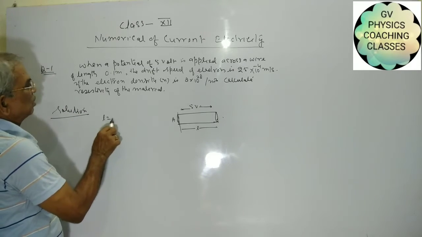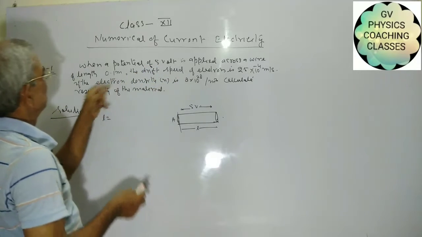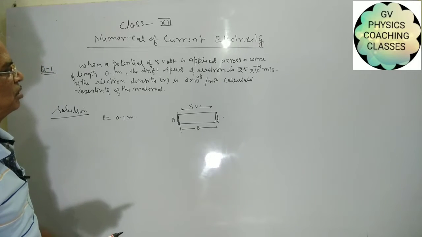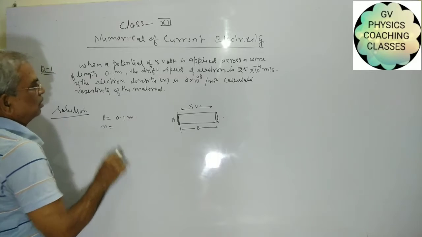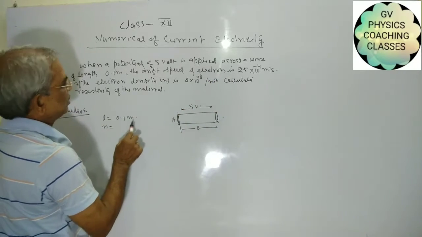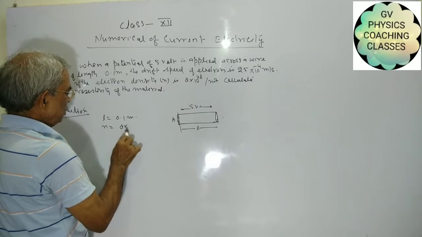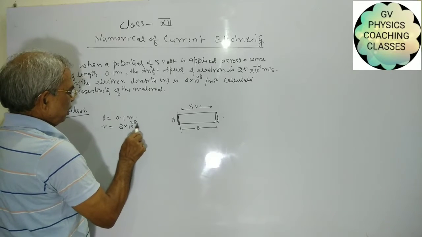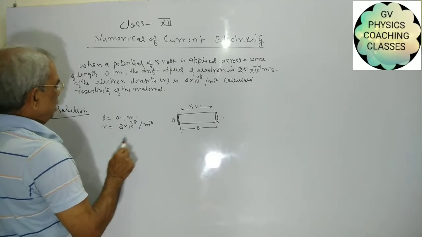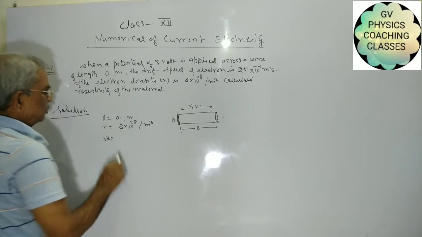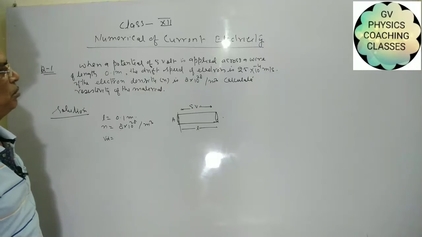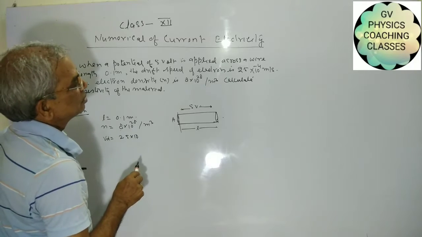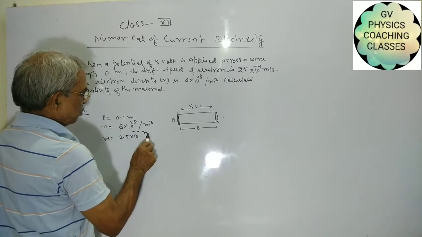Here L is how much? 0.1 meter. n is 8 into 10 to the power 28 per meter cube, and Vd, the drift speed, is 2.5 into 10 to the power minus 4 meter per second.